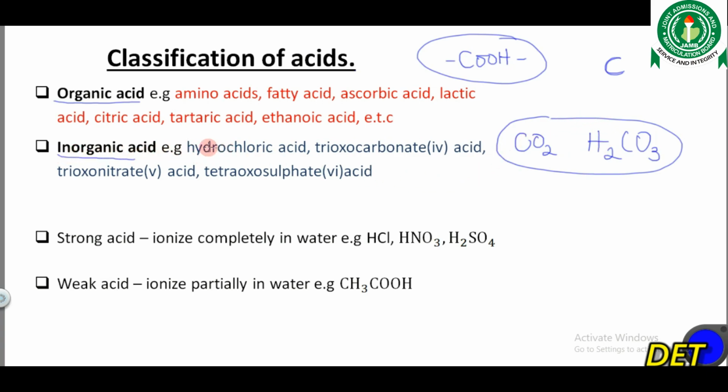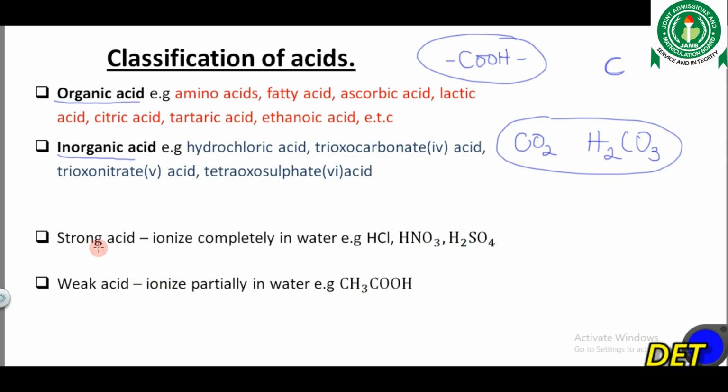So examples of inorganic acids are hydrochloric acid, trioxocarbonate(IV) acid, trioxonitrate(V) acid, and tetraoxosulfate(VI) acid. So these are the examples of inorganic acids, right?